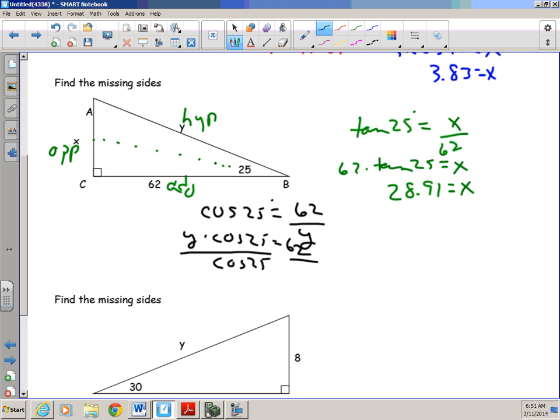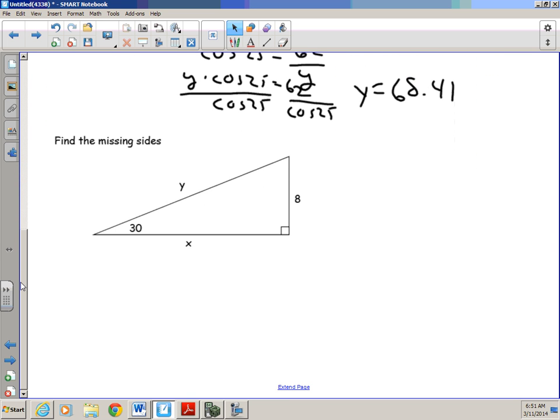Divide by cos of 25. So 62 divided by cos of 25, I get 68.41. It keeps the numbers as accurate as possible.